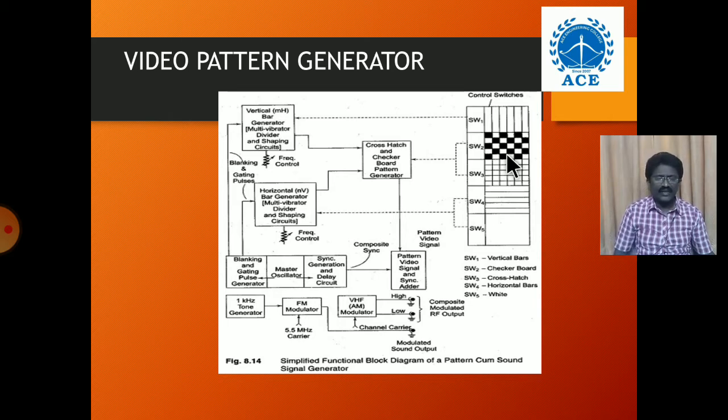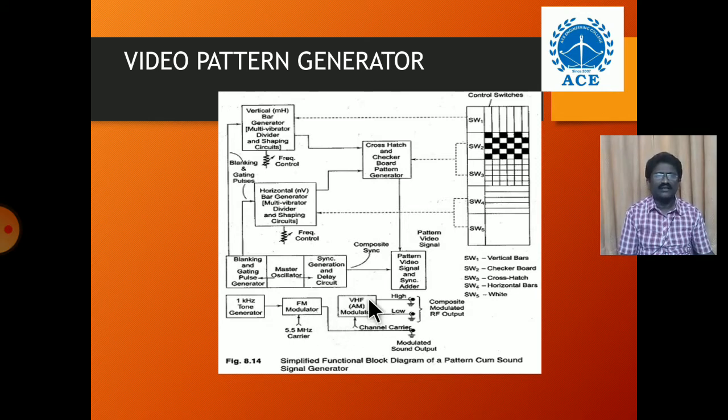The video test pattern generator can also be used for detecting any spurious oscillations in the sweep generation circuit, interaction between the two oscillators, interlacing, and barrel and pincushion effects. So here modulated signals are available on limited channels for injecting into the RF section of the receiver.